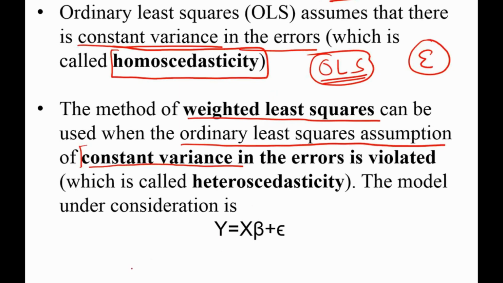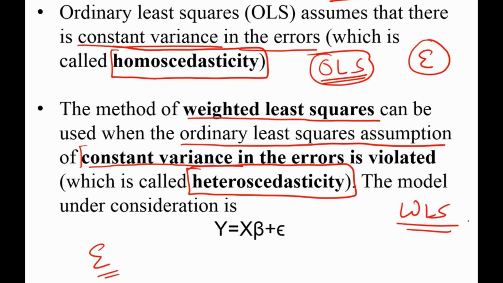Okay. Now the scenario when the error term is not homoscedastic, where it doesn't have a constant variance, we call that heteroscedasticity, right? So whenever we have heteroscedasticity, we need to use WLS.